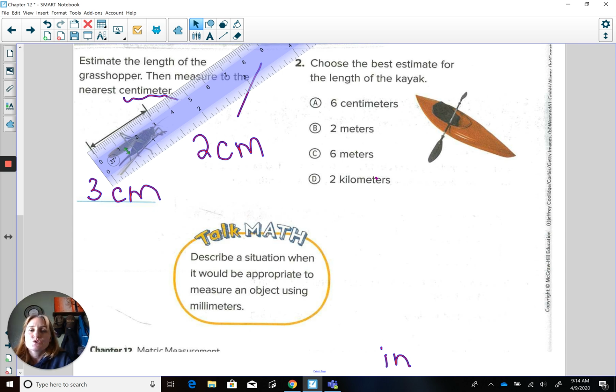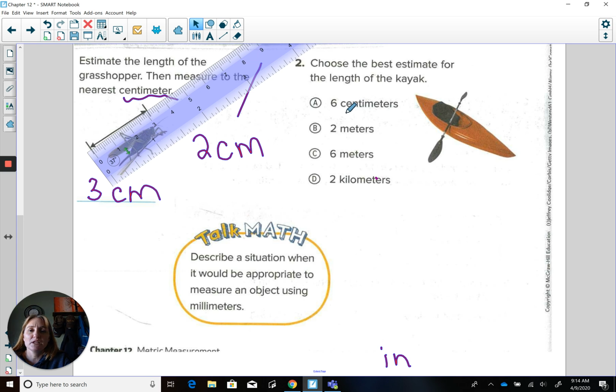Number 2. Choose the best fit for the kayak. Well, we get a real kayak in a real lake. You put it out on the lake while you paddle along. Often people will fish right out of their kayak. Think about that.